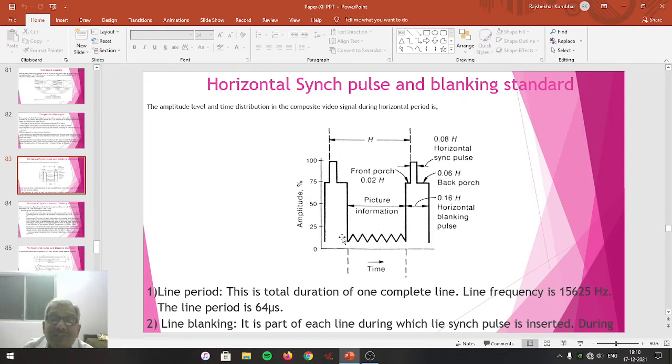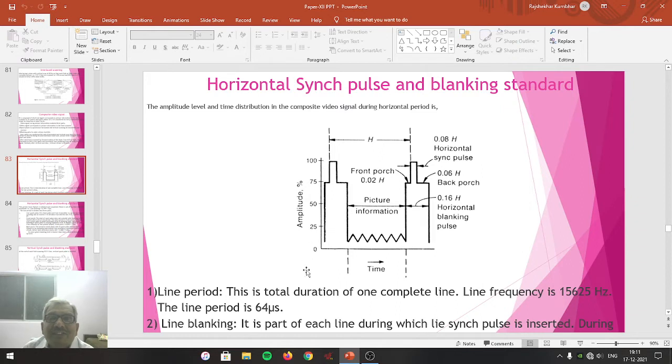As the line frequency is 15,625 Hz, the line period comes to be 64 microseconds. That means this is the period of 52 microseconds during which picture information is present, and after that this is 12 microseconds within which no picture is present, where the retrace is initiated and completed.